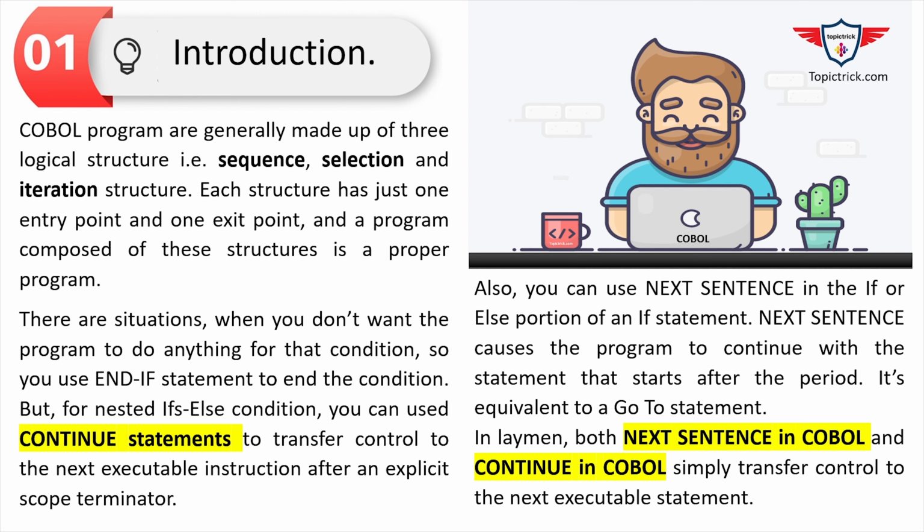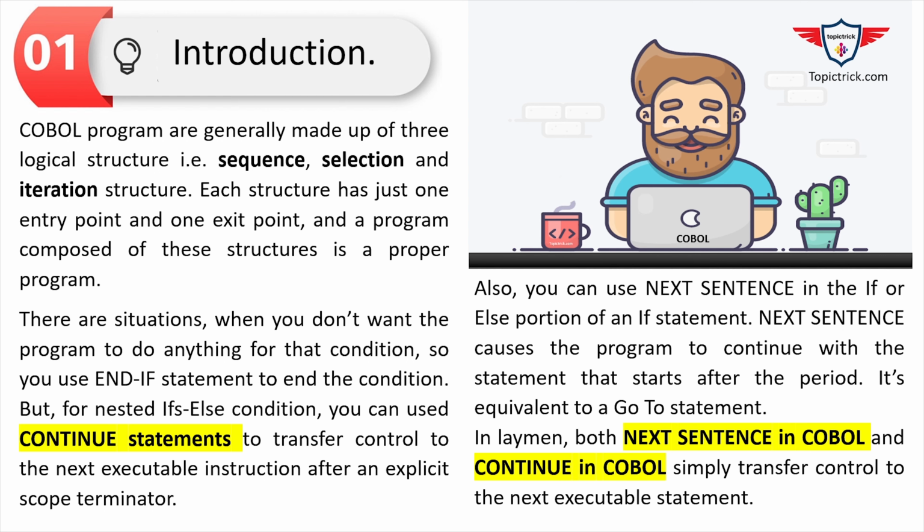The CONTINUE statement in COBOL is used to transfer control to the next executable instruction after an explicit scope terminator. Similarly, you can also use COBOL NEXT SENTENCE to transfer control to the next executable statement after the period.